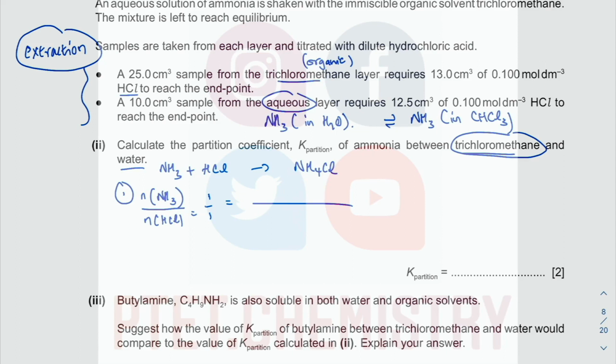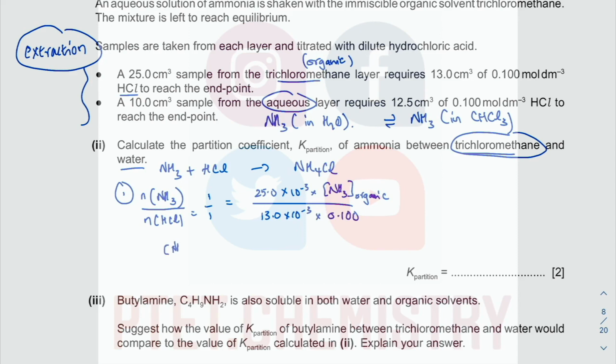So this is to do with solution chemistry. This is 25 cm³ of the sample containing ammonia. So 25.0 times 10 to the minus 3 times the concentration of ammonia in the organic layer, and then that is the mole of the acid.